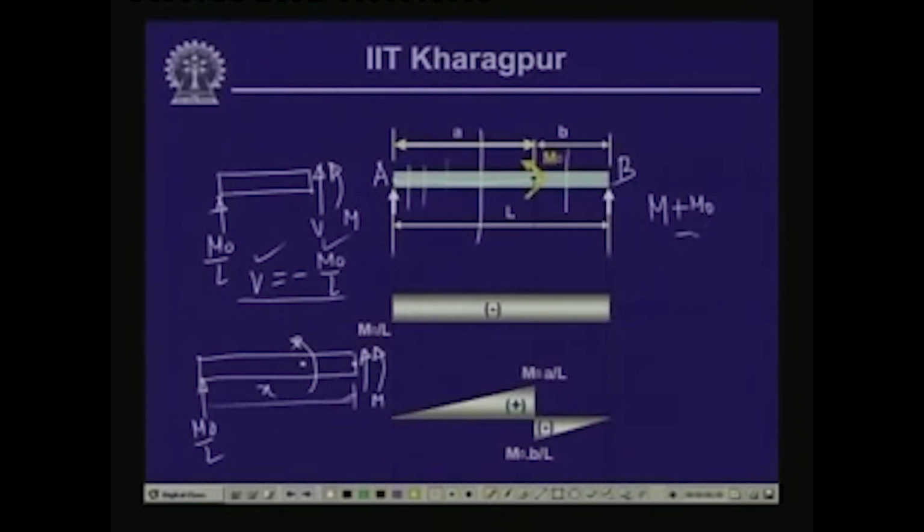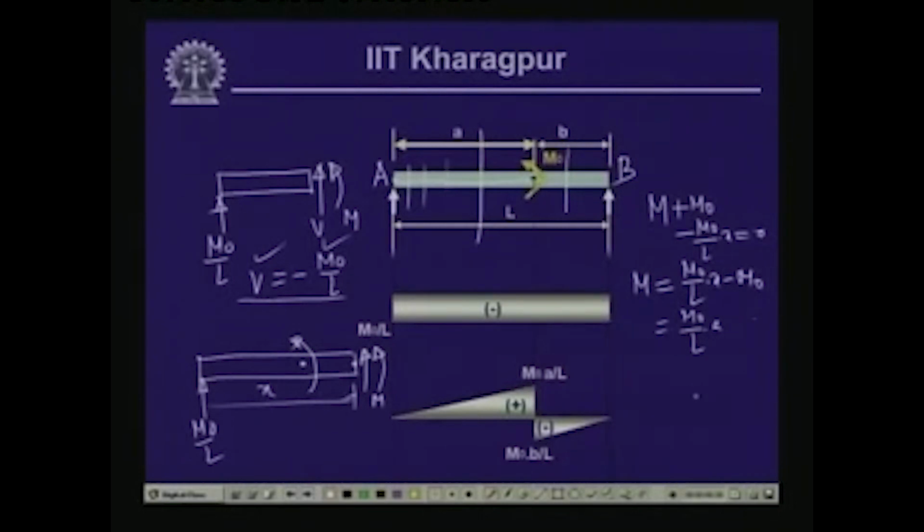So, minus m0 by L into x equals 0. So, m equals m0 by L into x minus m0. Now, when x equals a, the value of bending moment equals m0 by L into a.